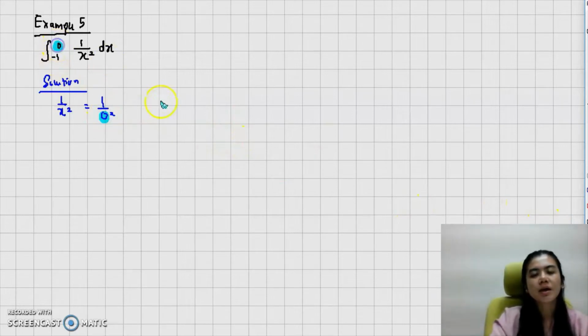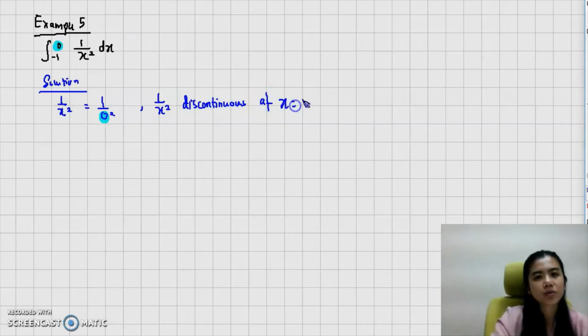It is discontinuous. That is the point where this function is discontinuous, at x equal to 0. Okay, let's copy back the question.